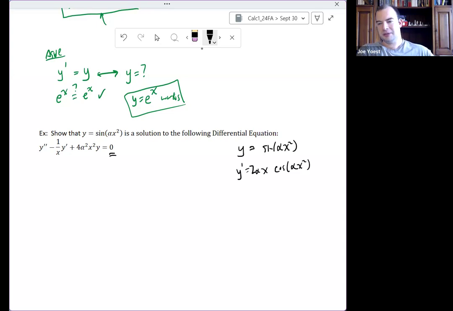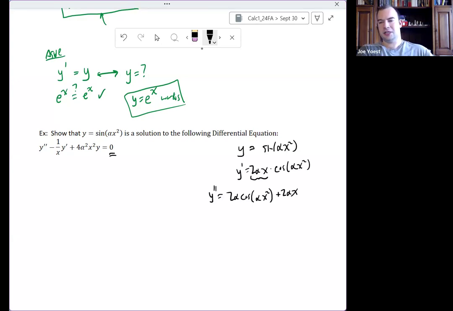What is y double prime, the second derivative? Got to be a little careful here. I need to use the product rule. So I'll differentiate the first times the second, plus, so that 2 alpha x just differentiated to 2 alpha. The cosine of alpha x squared just copies down. Plus the first, in this case 2 alpha x, we keep the x, times the derivative of the second.